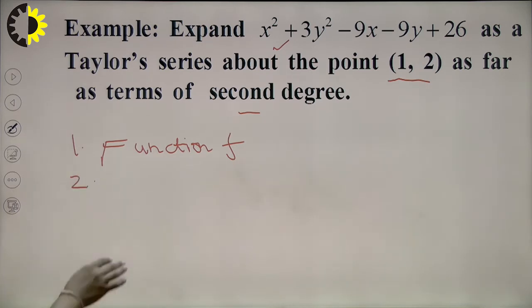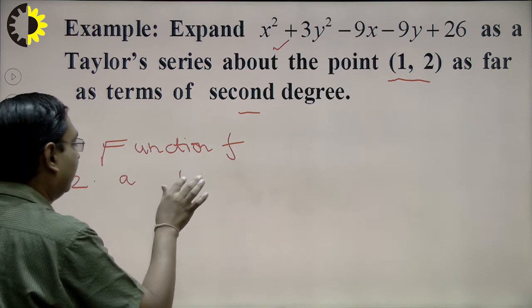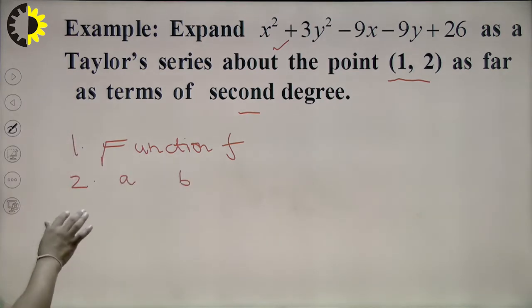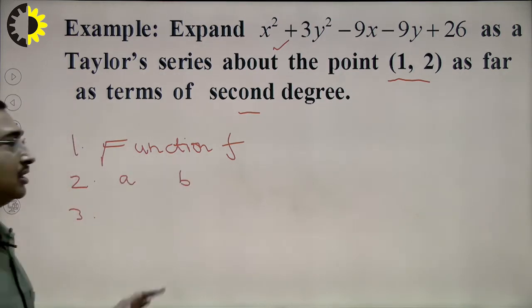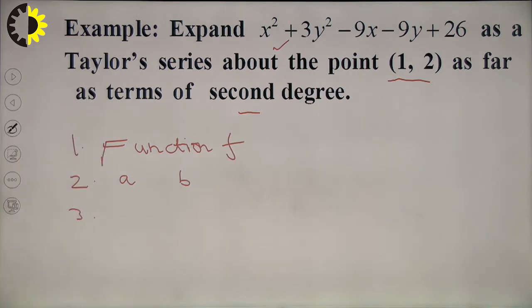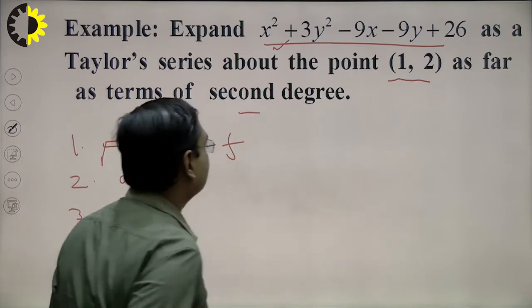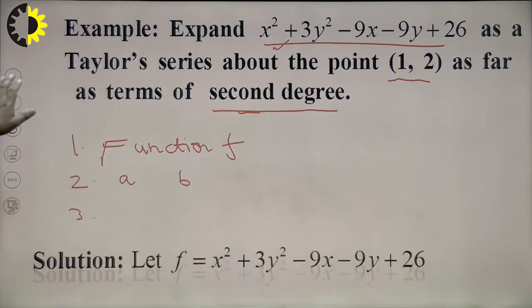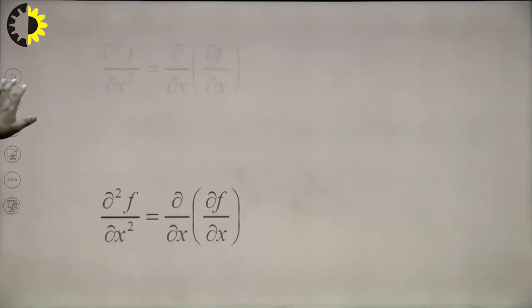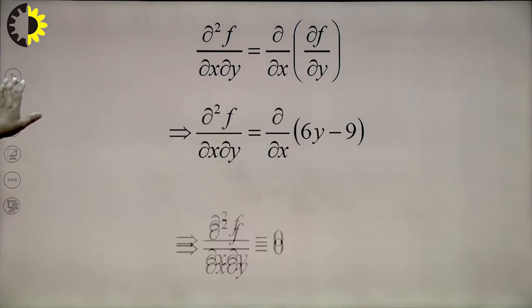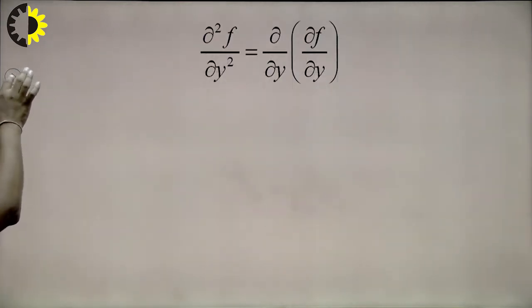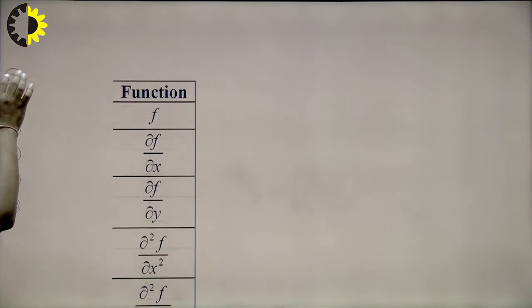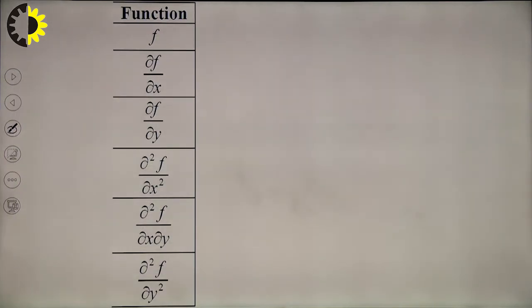Second information is the values of a and b, and third information is the degree, so that the number of partial derivatives required can be known. The function f was this, degree was 2, so I calculated all partial derivatives up to second order. Then the values of a and b were calculated.